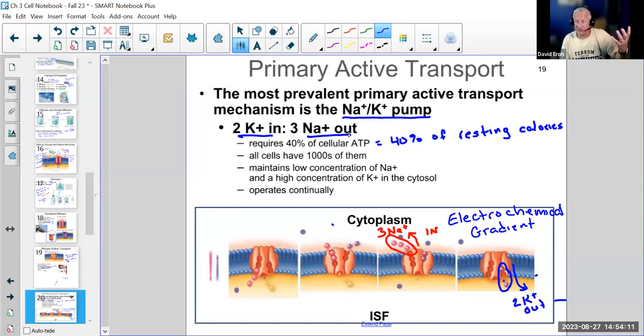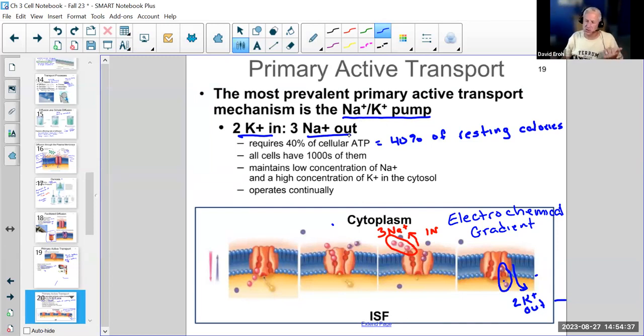If you pump 3 positively charged sodiums out and 2 positively charged potassiums in, you have a sodium concentration difference. There's more sodium outside than in. There's more potassium in than out. And you also have an electrical difference because the outside has more positive charges because it got 3 positively charged things when the inside only got 2 positively charged things.